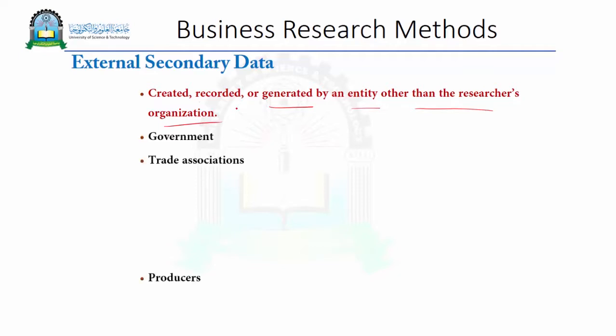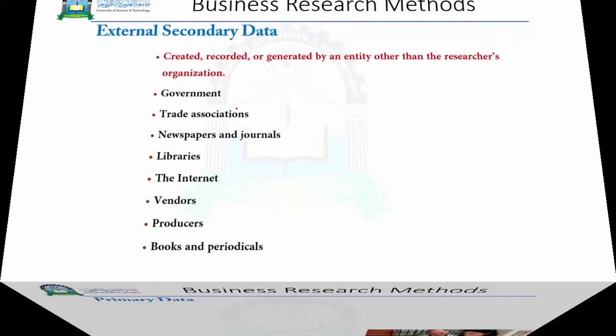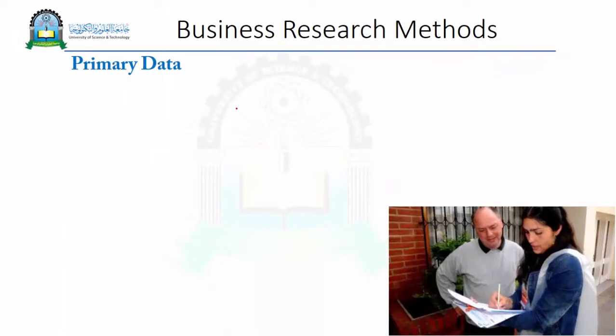So like government, trade association, a newspaper and journal, libraries, the internet, vendors and producers, and also books and periodicals.